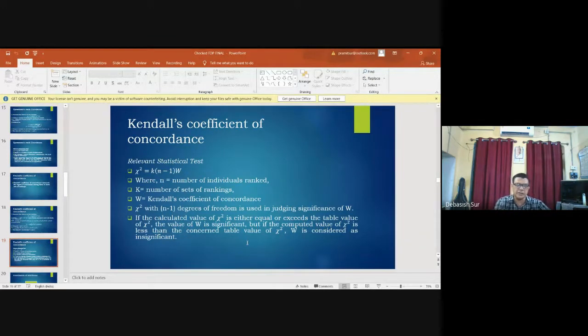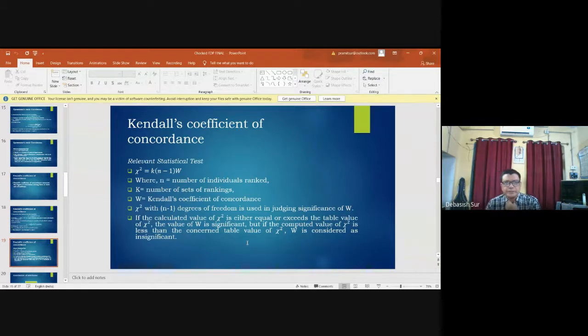Here we have considered three sets of rankings: marks in mathematics, marks in statistics, marks in business management. If we consider 4 or 5, then k equal to 4 or 5, and W is Kendall's coefficient of concordance. And here degree of freedom is n minus 1.